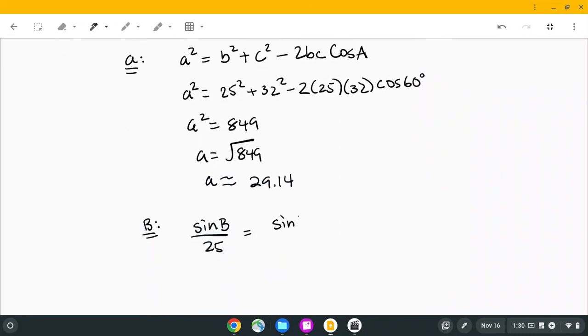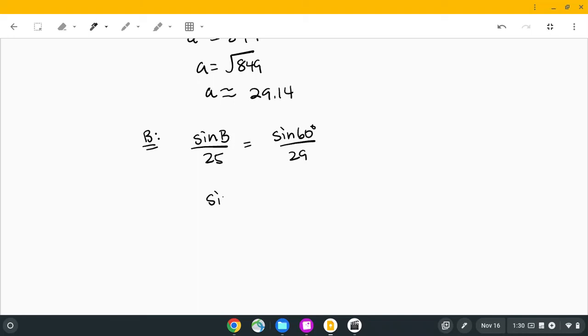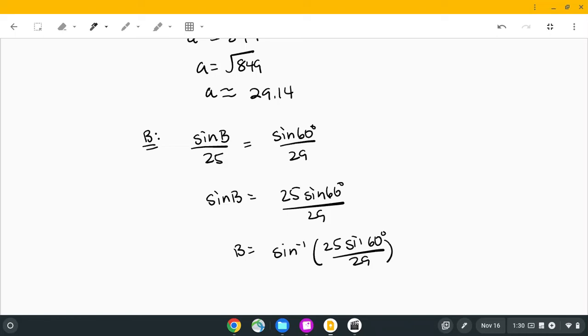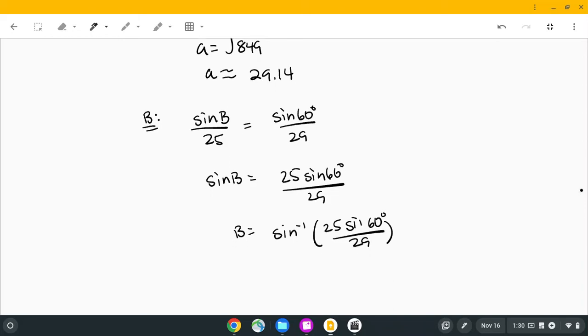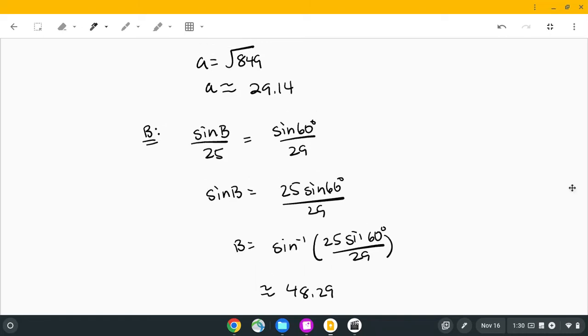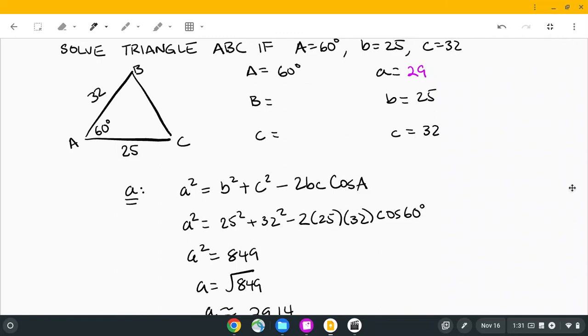So I'm going to solve for B. Sine B equals 25 times the sine of 60 over 29. And B equals sine inverse of 25 times sine 60 over 29. And when you punch that in, you should get roughly 48.29. Two significant digits, so we're going to go with 48 degrees, 48 degrees in purple.